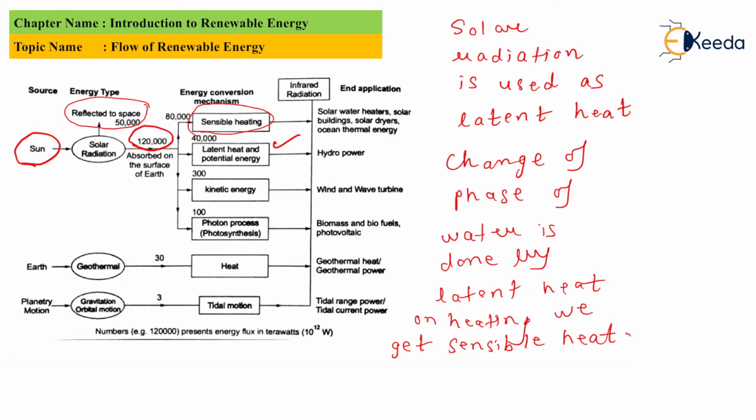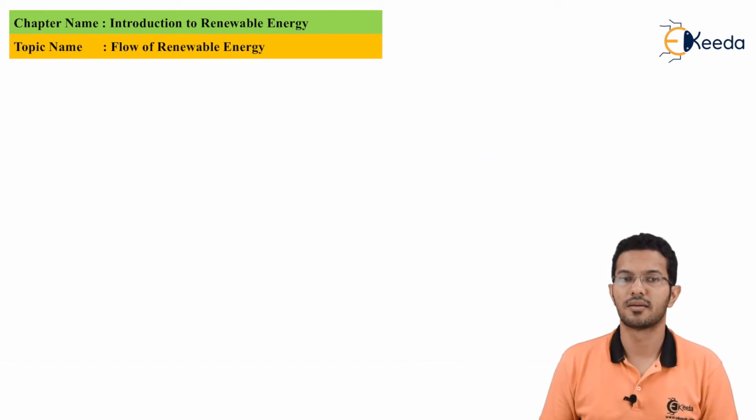So you can distinguish that sensible heat shows the rise in temperature, whereas latent heat shows the change of phase, or this potential energy which is absorbed by the particles. So let's draw the diagram to understand the flow of renewable energy.